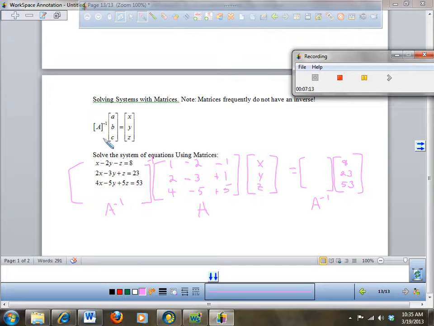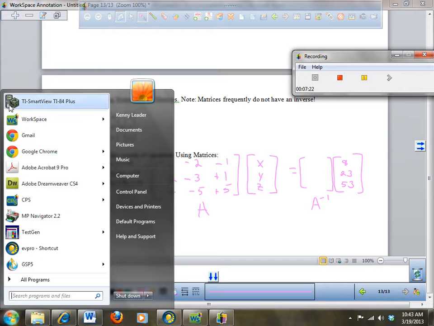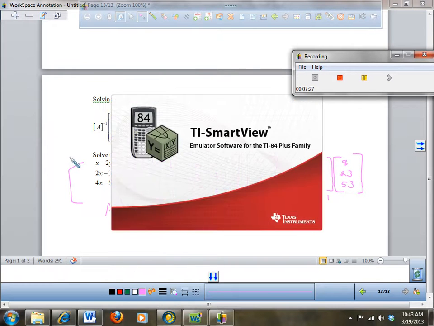So if I were going to do this with my calculator, the way I set that up is by going to my calculator.